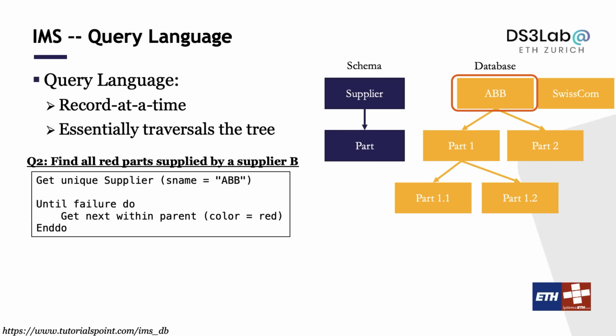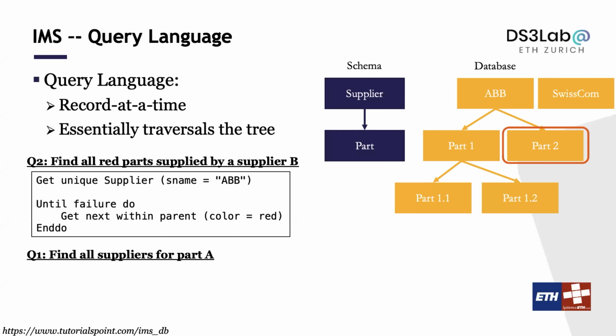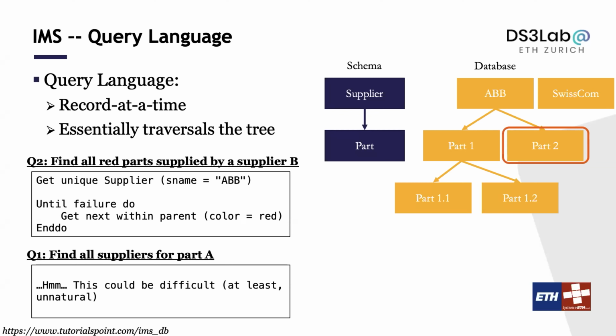Okay. And what if you want to say, give me all the suppliers for part A, right? So this is actually going to become very difficult in IMS, simply because when I enumerate the records, I need to follow the hierarchical structure.